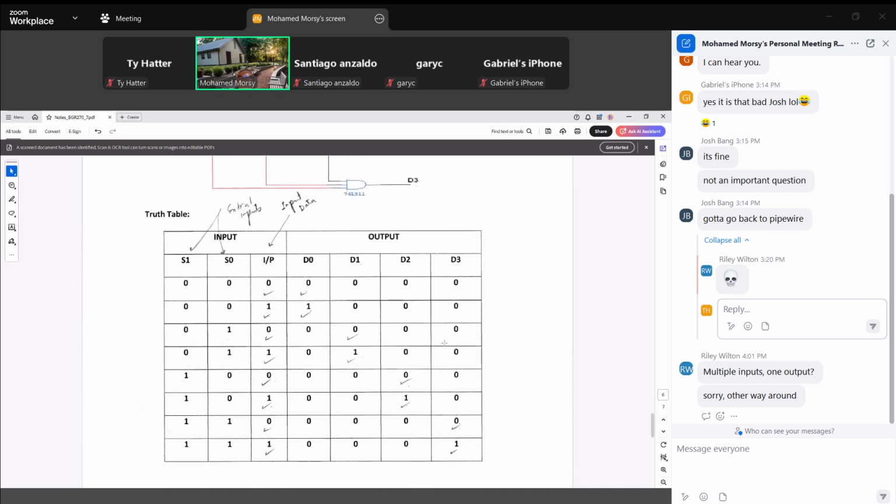If we look at the truth table here, if S0 and S1 are both zeros, this means we talk about D0.